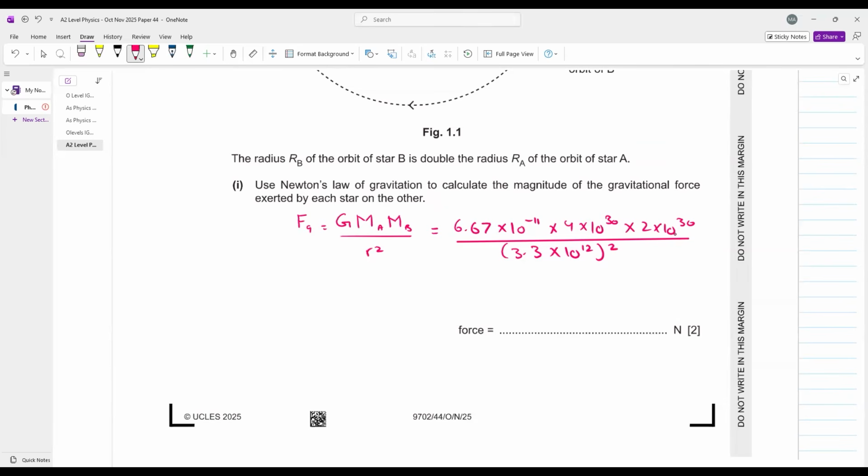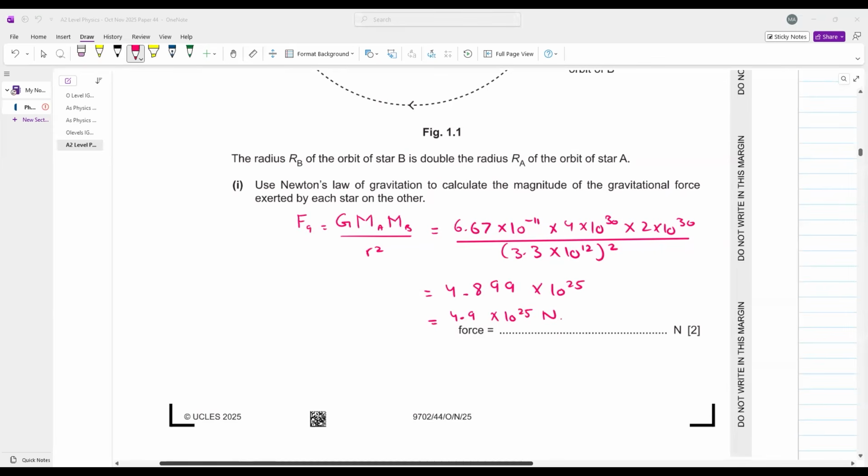The gravitational force comes out to be 4.899 into 10 raised to the power of 25. Rounded to two significant figures, 4.9 into 10 raised to the power of 25 Newton is your answer.